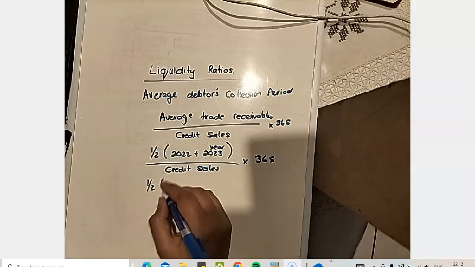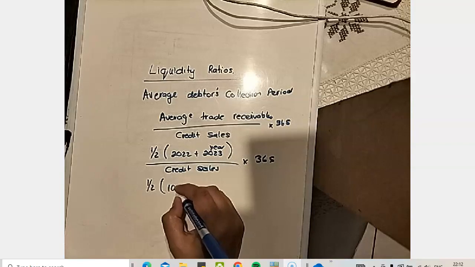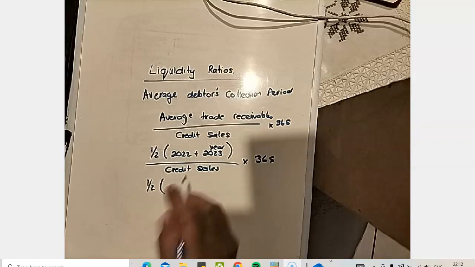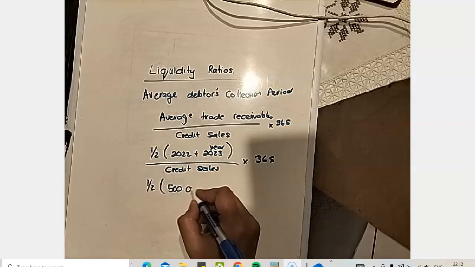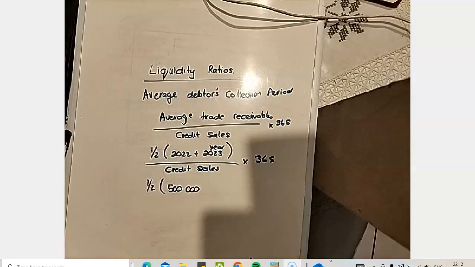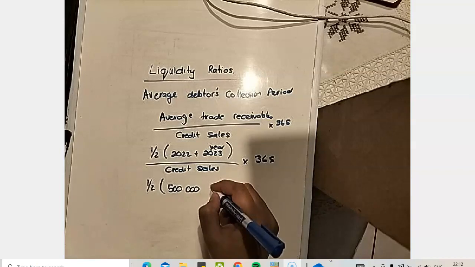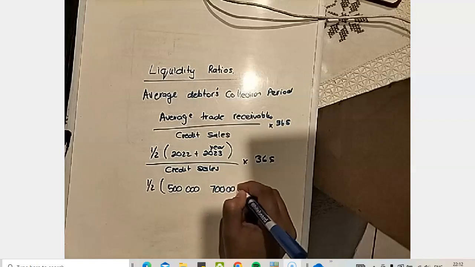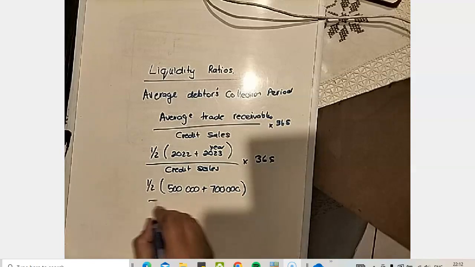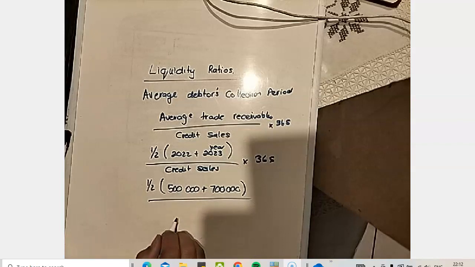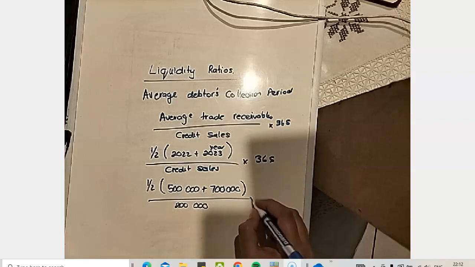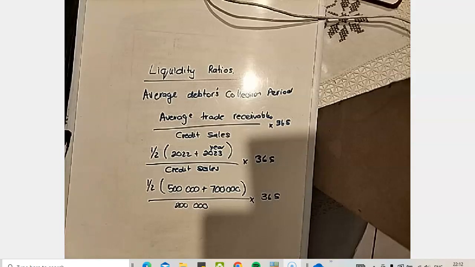So for example, you've got a half. In 2022, let's say it was 500,000. And then in the second year, it was 700,000 over your credit sales. So for example, it will be, say, 200,000 times 365. So that means that we've got 700 plus the 500.